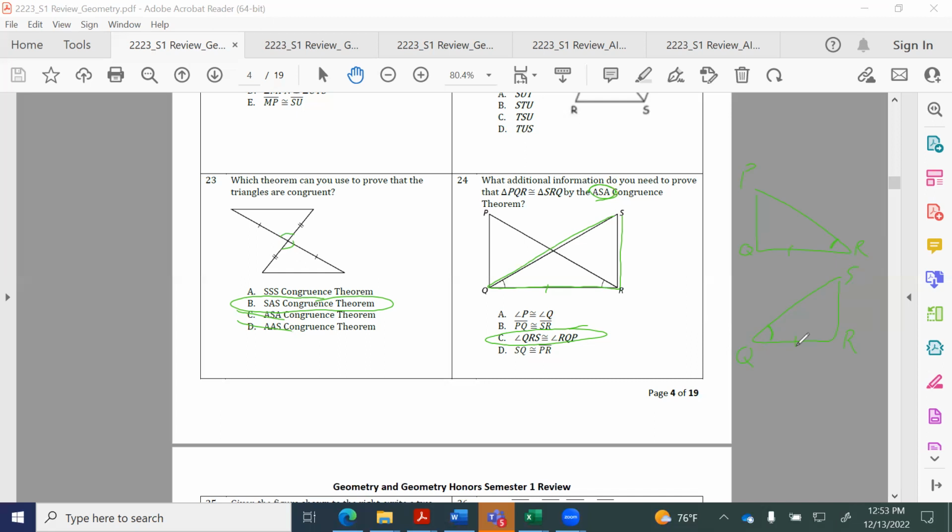So right now we have an angle, a side, we need another angle. So this is the other angle that we would need in order for it to be proven by ASA. So same thing over here. This angle, this is our side, this is our other angle. So those are the two that we have to use. So those angles, we do have to use three letters to name them. So we're using QRS and RQP.